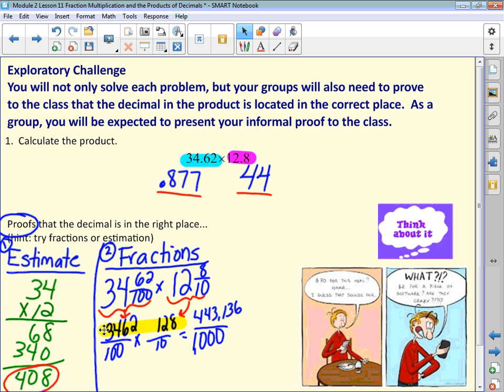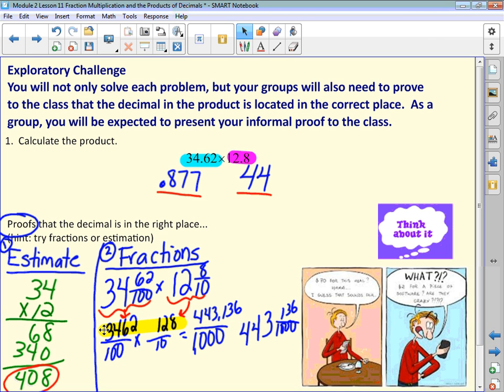Again, a really big, ugly, improper fraction. But that's also one that we can handle, because we're multiplying by 1,000 but dividing. So 1,000 goes into that 443 times, with 136 left over. And 1,000 is still our denominator.